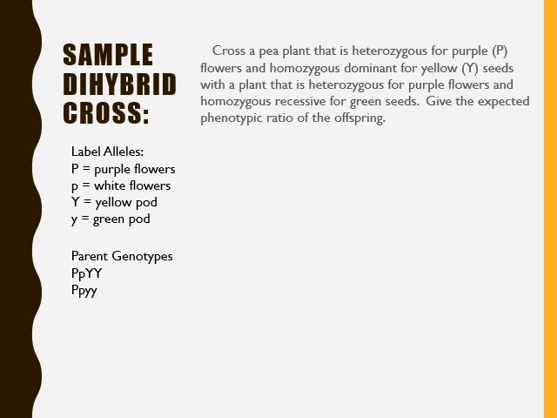From our parent genotypes, we can make our gametes. You can use either the FOIL method or the branched line method. What you'll find is that the first parent has a big P, and the only other option is big Y. So it's a big P and a big Y. And the other gamete is going to be a little p and a big Y. Now, could you make all 4 gametes for this?